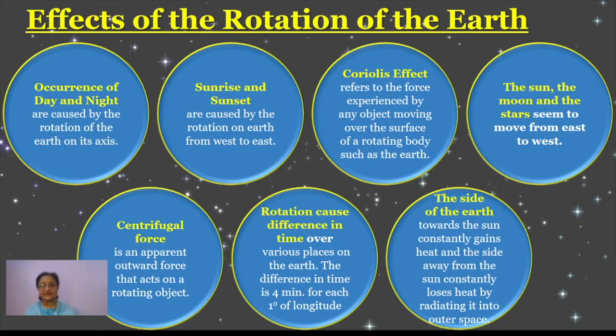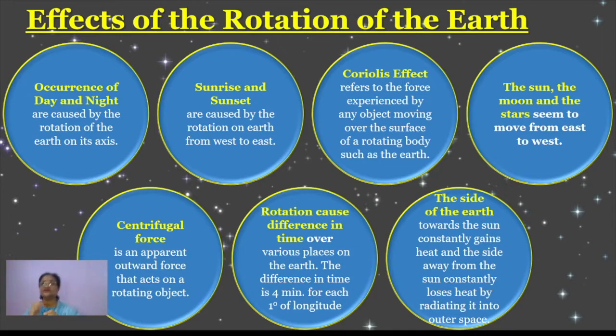Now next is rotation causes difference in time. Yes, all the world over, when we say that here it is 10 a.m., that is 10 in the morning, 2 p.m., or 12 o'clock noon or 5 o'clock in the evening, how do we know about all this? All these are based on at what time we are actually facing the sun, right?